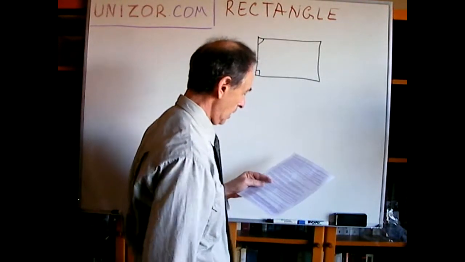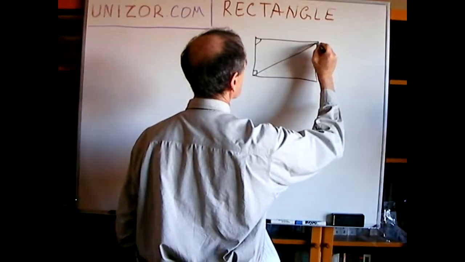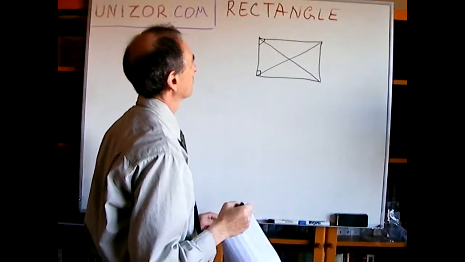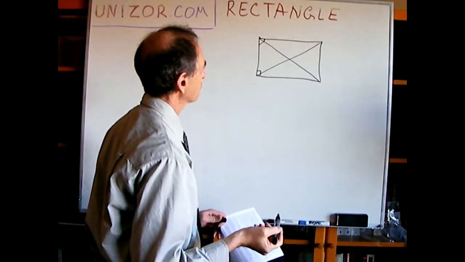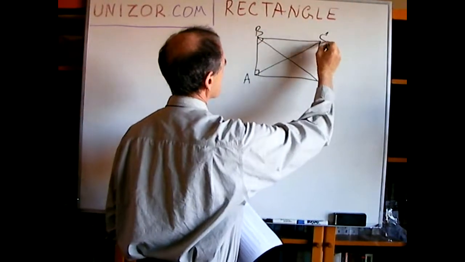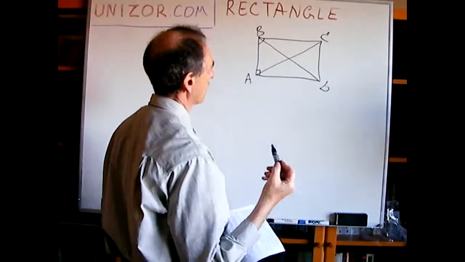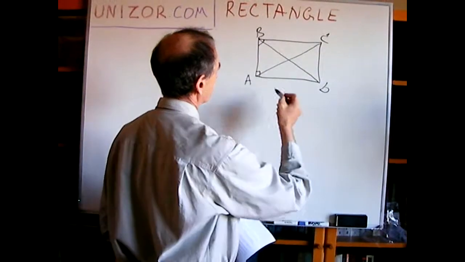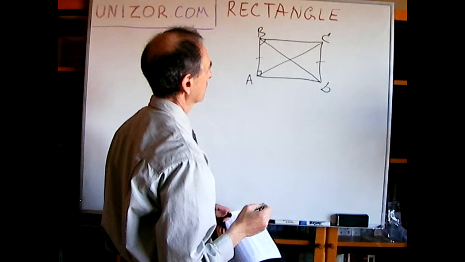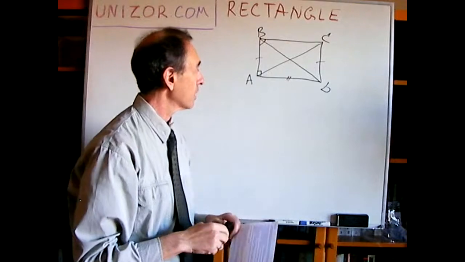Next. Diagonals are congruent to each other. How can we prove that these diagonals are congruent? Actually it's quite simple. These triangles, let's say ABD and ACD, are congruent. Why? They have congruent legs, and another leg is shared by both of them.